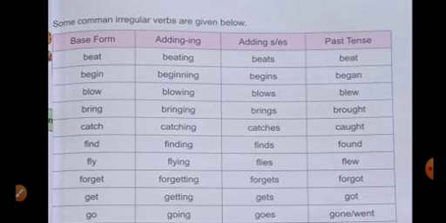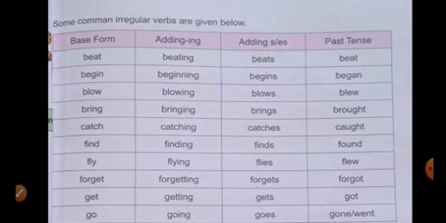One thing is important, students: other than these four forms, one more form of verb is there, that is called the past participle form, or we also call it the third form of the verb. This form is used in the perfect tense. But this is not in your chapter, so we will learn it further.